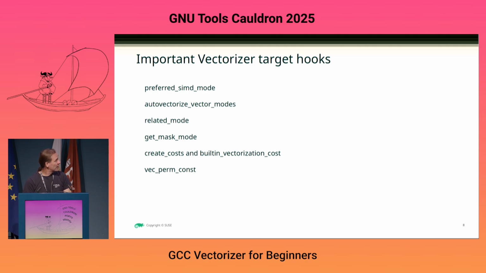And yeah, another important hook is the vec_perm_const hook. Permutes are very important for vectorization. With permutes, you can implement standard interleaving schemes, which basically date back to the very early ideas of doing vectorization. And the vec_perm_const tells the vectorizer what kind of permutes the targets can do.